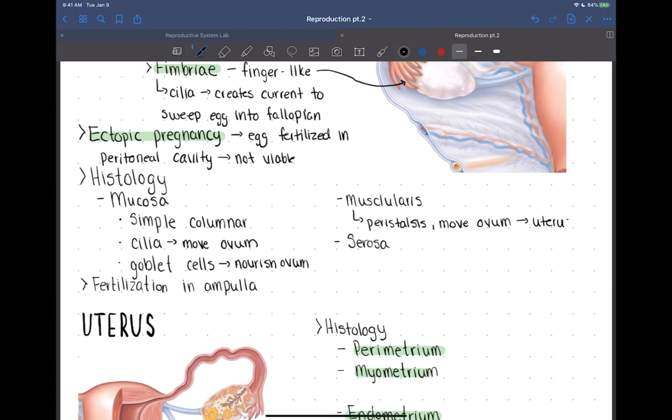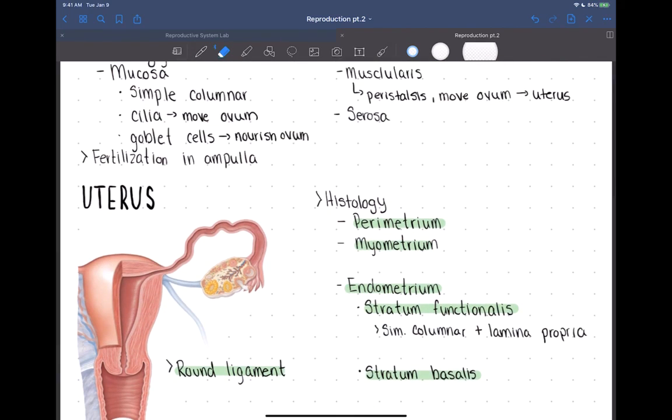Okay. And then the fallopian tubes are intraperitoneal, so they're going to be surrounded by serosa. All right. So one final note before we move on to the uterus is that if fertilization occurs, it's going to, as we said, occur generally in the ampulla.